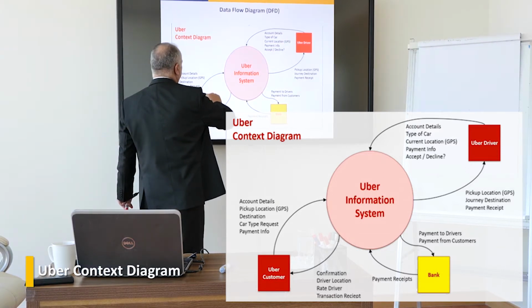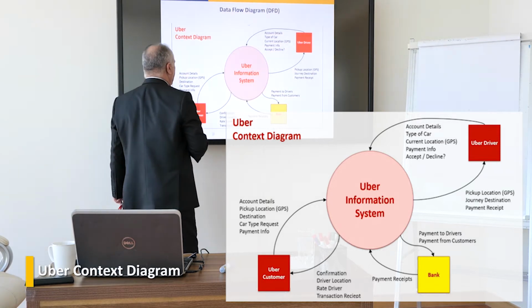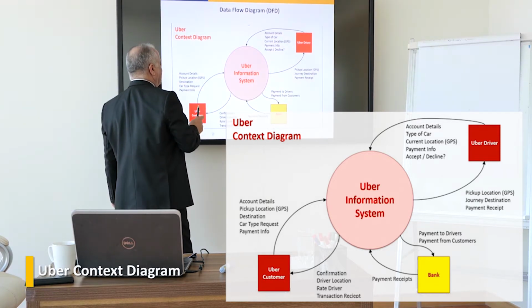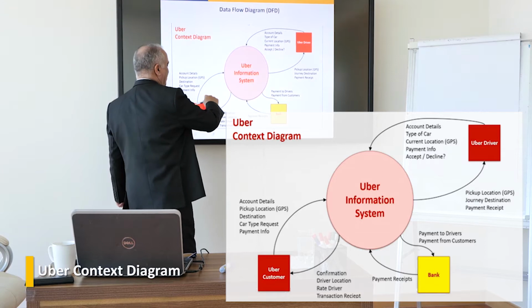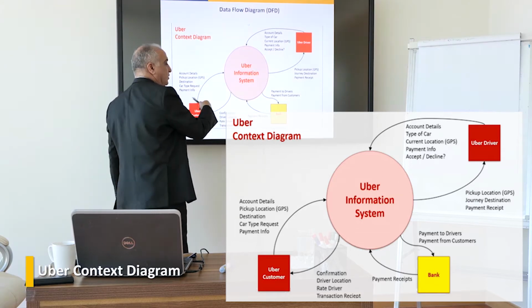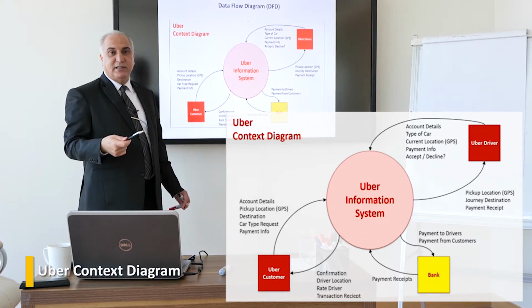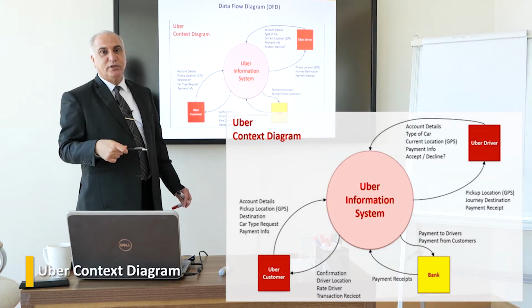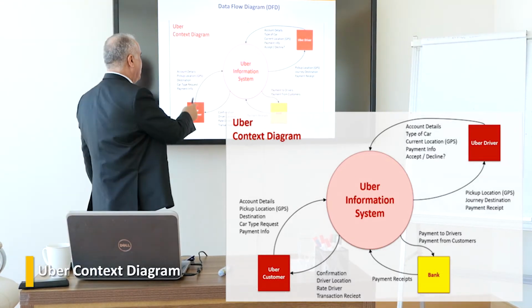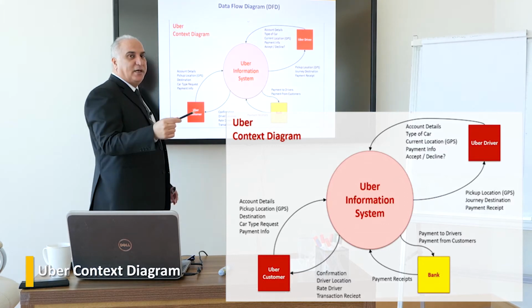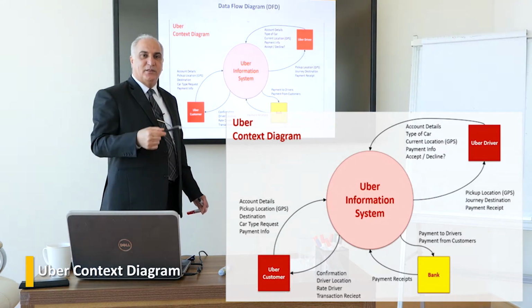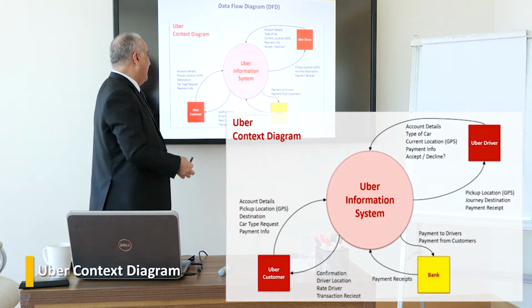The customer initiates a request. And in this case, by nature as a customer, you need to provide your details. That means you create what we call an account. So this is account details: name, customer details, payment, credit card, all of that.